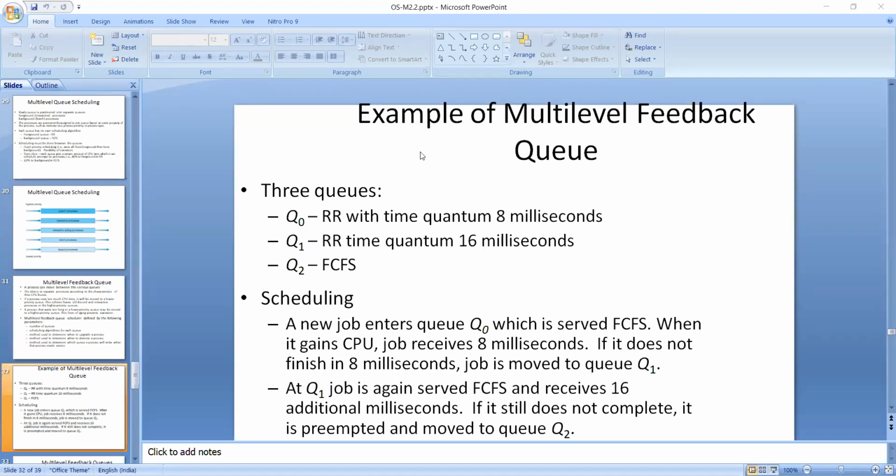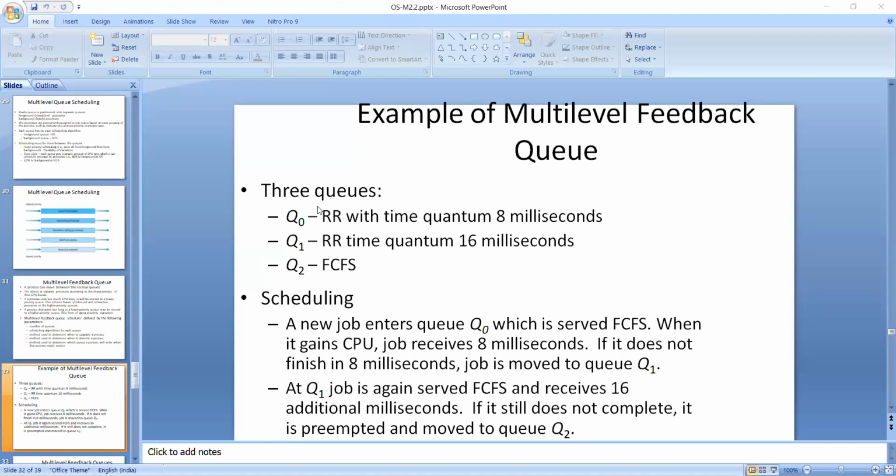Q0 is scheduled with round robin scheduling with a time quantum of 8 milliseconds, Q1 is scheduled with round robin scheduling with a time quantum of 16 milliseconds. Next, Q2 is scheduled with first come first serve scheduling.